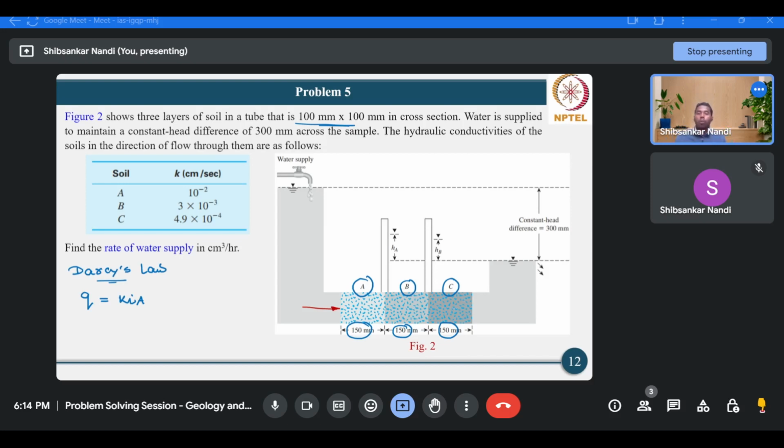However, the hydraulic gradient value will be different depending on the soil sample. So to simplify our calculation, we have to depend on the concept of equivalent hydraulic conductivity for a stratified deposit.